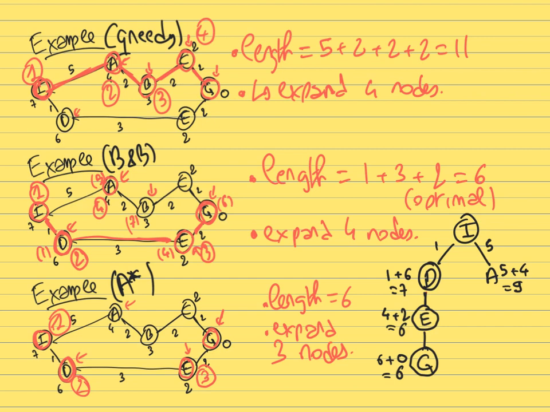So if your goal is to find the most optimal solution, it's always going to be preferable to use the A-star algorithm as compared to the branch and bound algorithm, because it can allow you to reach the final conclusion in a more efficient way.